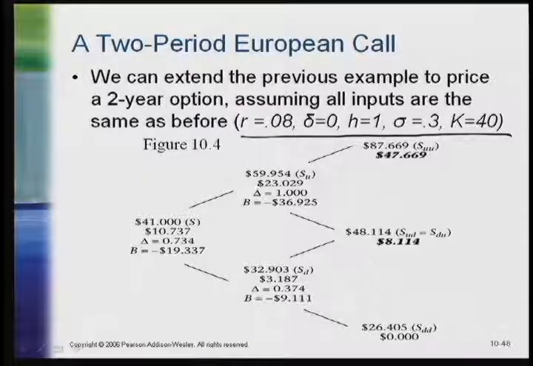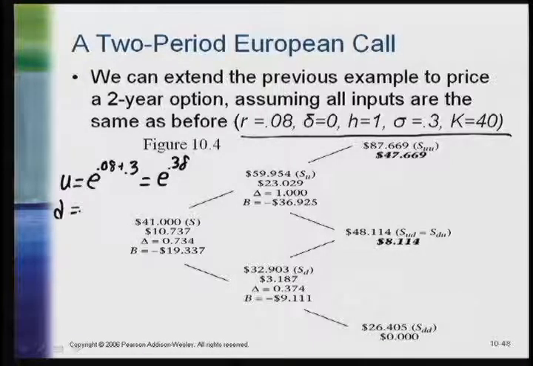In this case, U is equal to e to the (r minus delta) h, so it's just r h, plus sigma 0.3 square root of h. So this is e to the 0.38.